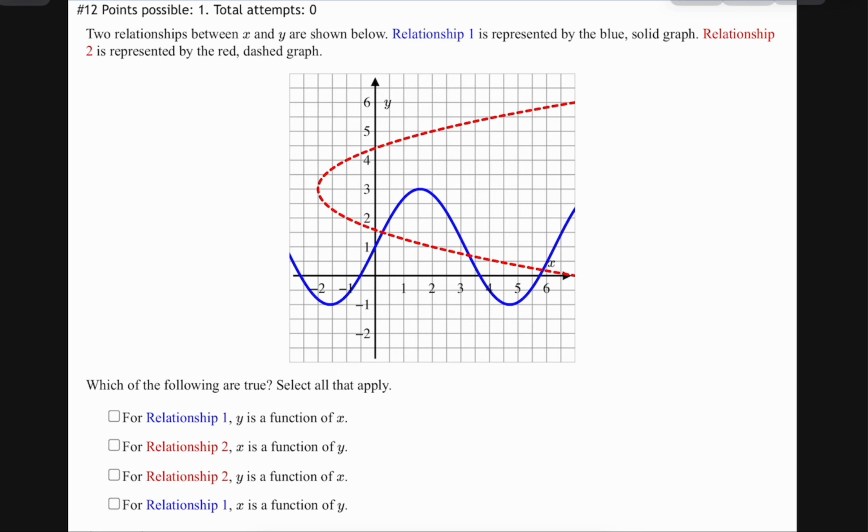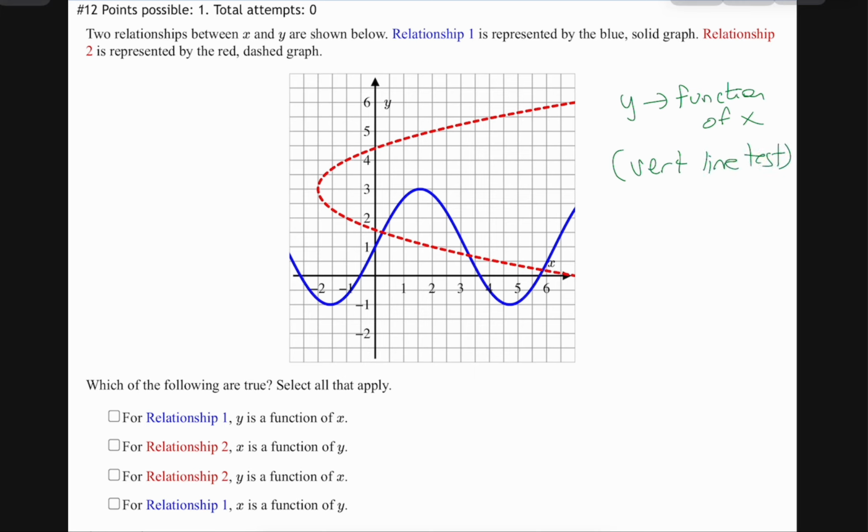So let's do the functions of x first. So we're going to see, are these ones true? If y is a function of x, it has to pass the vertical line test.